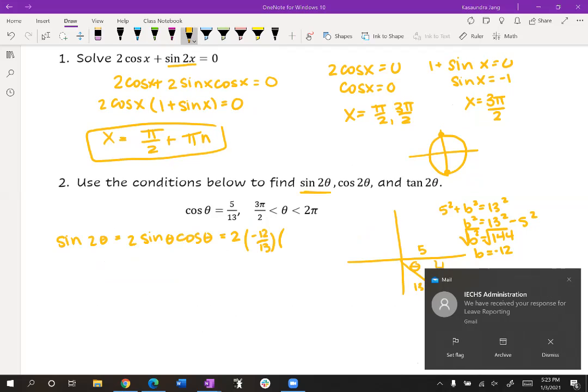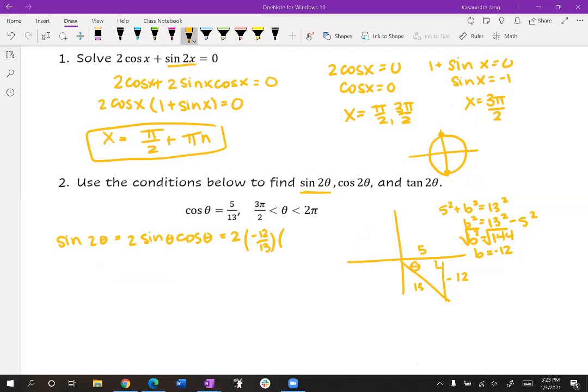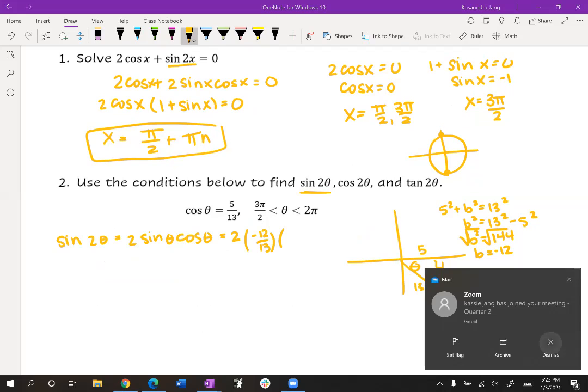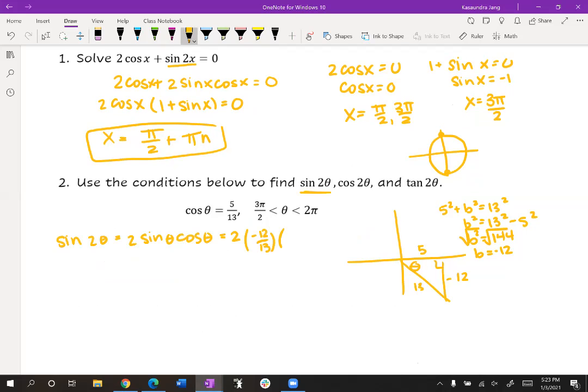And then the cosine of theta, they actually already gave us the cosine of theta, is 5 over 13. You can also see that on the unit circle triangle that we put together, 5 over 13.